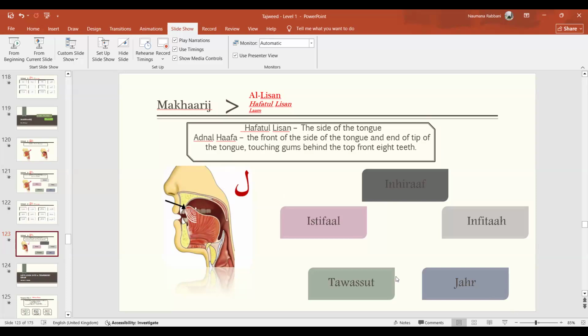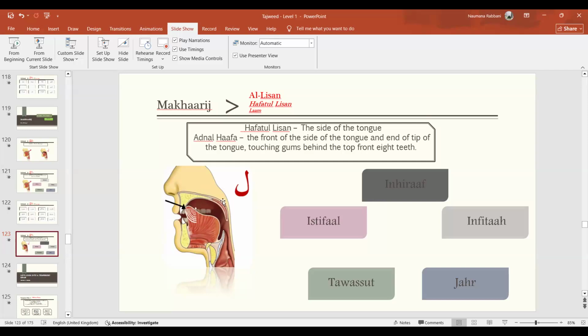Now, this again is jahar, that means the articulation points are colliding with force. And here the articulation point is closed. If you imagine the sides of the tongue touching behind the 8 teeth, it would go in a shape like that. That means the articulation point is closed.